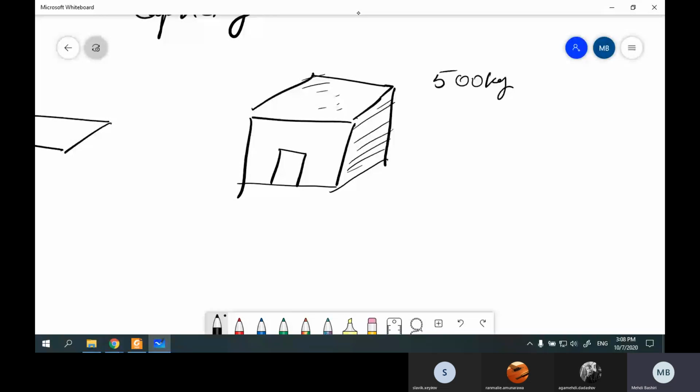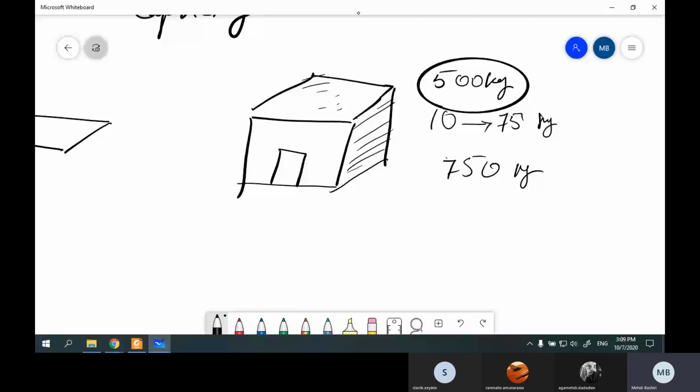In the worst case scenario, you might have 10 persons on this roof, and you assume that each person weighs 75 kilogram. So the total weight in the worst case could be about 750 kilogram. And as I said, the weight of the roof itself is 500. So what is your total load?